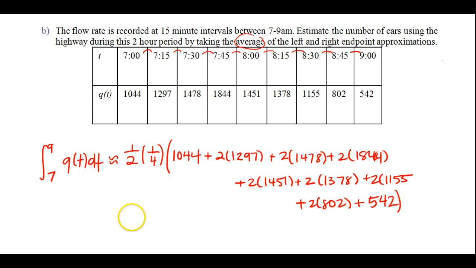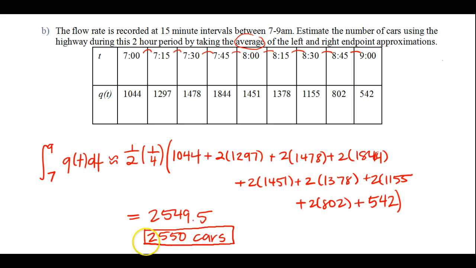Plugging this into our calculator, we get 2,549.5. But we don't want to leave our answer as half a car, and we are estimating, so we'll say 2,550 cars use the highway between 7 and 9 a.m.